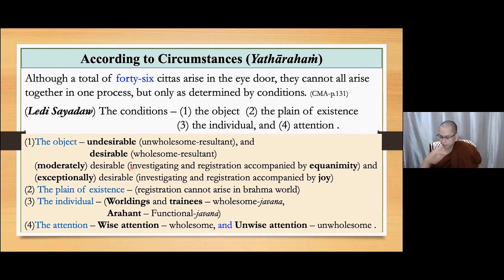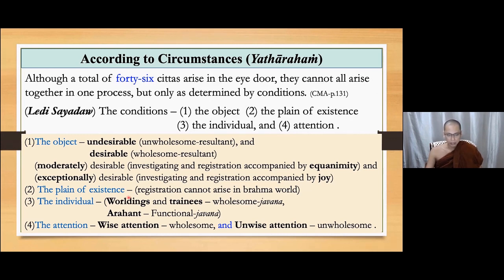Then the second one, the plane of existence. How does the plane of existence make the difference? In the case of registration, due to its nature, it can arise only in the sensual plane. It cannot arise in the Brahma world.